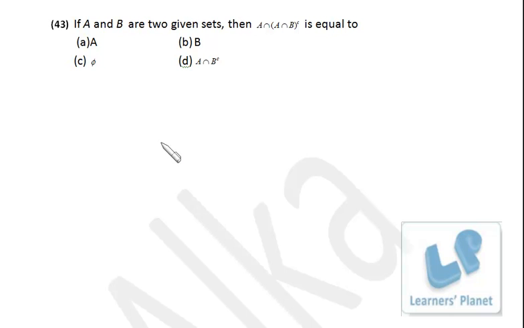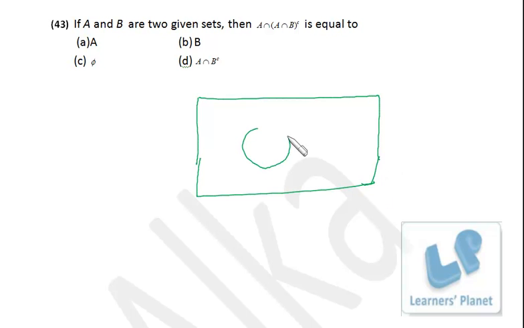If A and B are two given sets, then A intersection B complement. Okay, so this is the universal set. That's A, that's B. This is A intersection B, right? So A intersection B complement is this entire region.